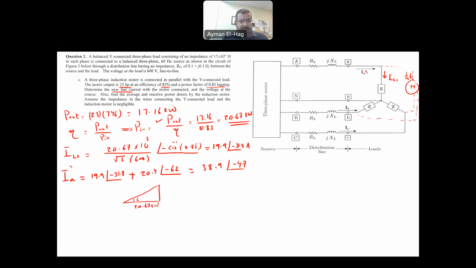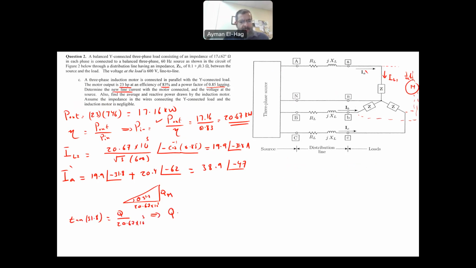And this is your theta. Your Q is unknown. To me, this is the Q by the motor, okay? And theta, we already know it, which is the 31.8. So from this, tan of 31.8 is equal to Q of the motor divided by the 20.67 times 10 to the power 3.